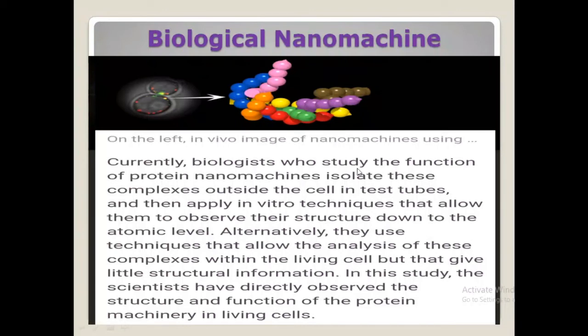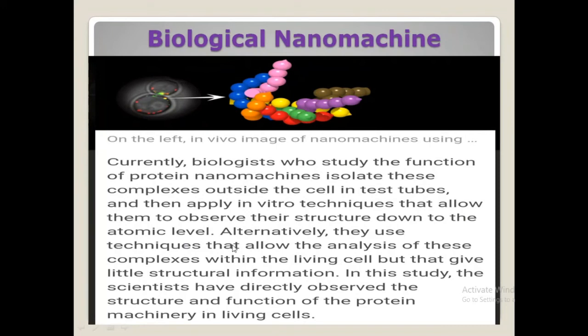Biologists who study the function of protein nanomachines isolate these complexes. This is the protein complex isolated from the cell. They isolate these complexes outside the cell in test tubes, and then apply in vitro techniques that allow them to observe their structure down to the atomic level.